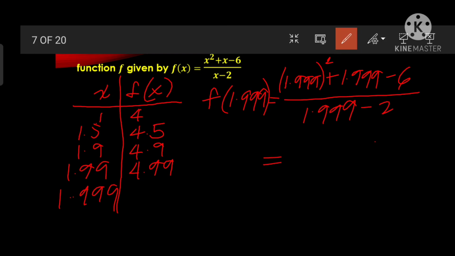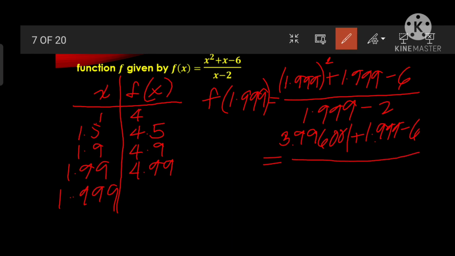so 1.999 squared, we have 3.996001 plus 1.999 minus 6, all over 1.999 minus 2. So we have negative 0.001.